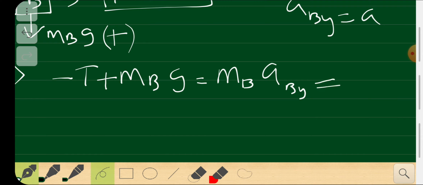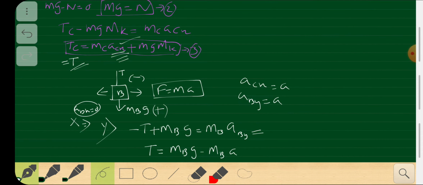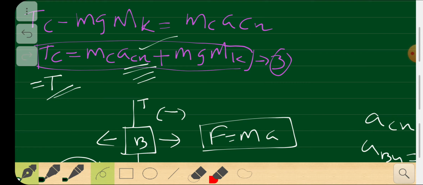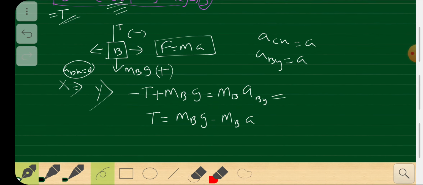Now let's simplify that as well. Simplifying that, you get T must be equal to mbg minus mba. Now a by is a, so we got that as well. Now let's take equation 3, Tc is equal to mca, or you can simplify this equation as T is equal to mca plus mu k times mcg.